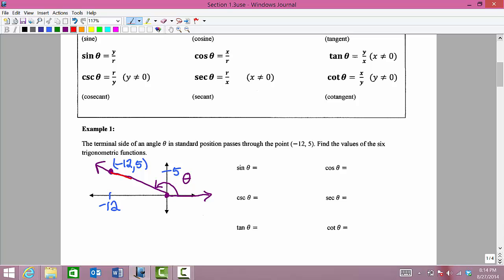Remember that r is the distance from the origin, that vertex, to the point that we picked that lays on the line, that lays on that terminal side. So r, we said, was equal to the square root of x squared plus y squared.